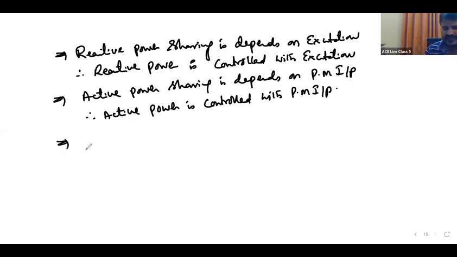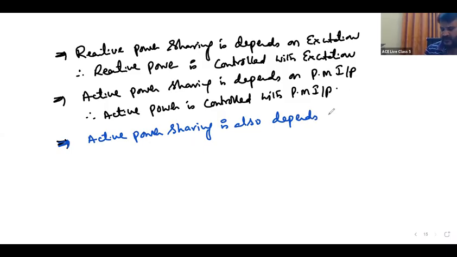Active power sharing also depends on the prime mover characteristics, that is, the turbine characteristics.